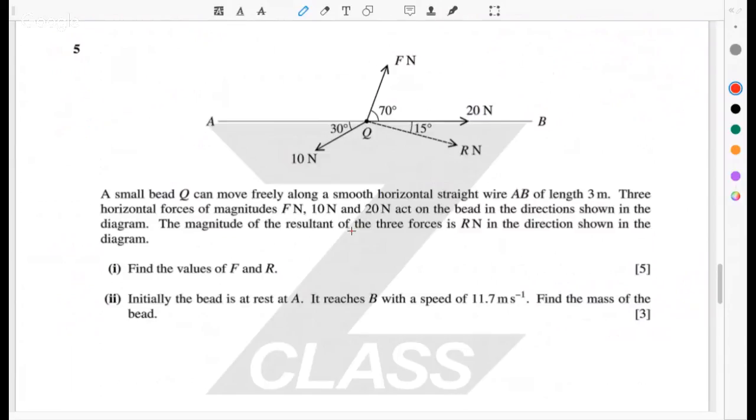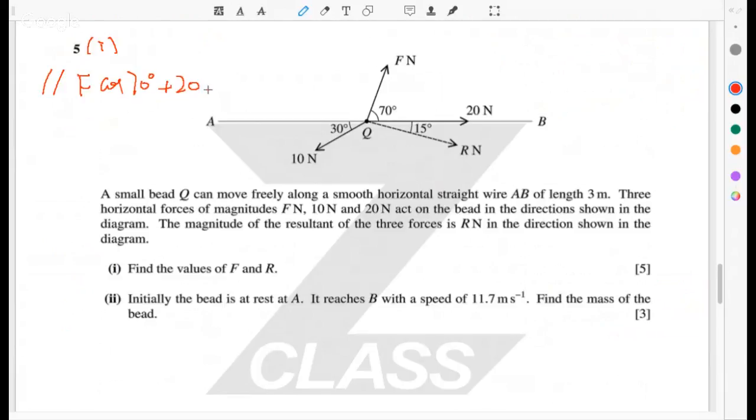Well, we can resolve the forces horizontally and vertically. Let's just see how it works. So all the forces acting horizontally would be, to the right, we have F cos 70, and we have a 20 acting directly to the right.